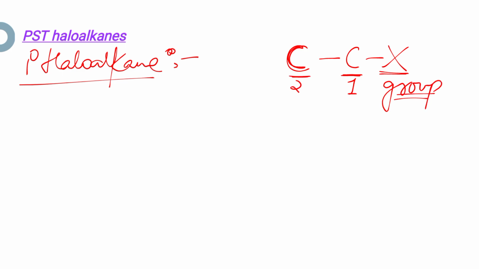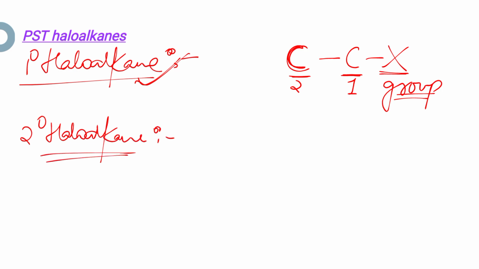If the first carbon which is connected with the group is connected to only one carbon, then this must be a 1 degree haloalkane. For a 2 degree haloalkane, the X atom is connected to the first carbon, and that carbon must be connected to two other carbon atoms. Then this is a 2 degree haloalkane.